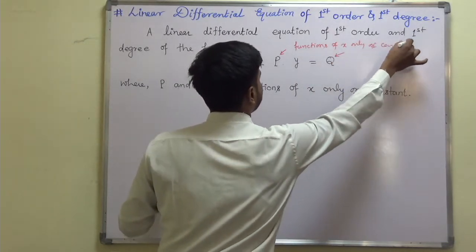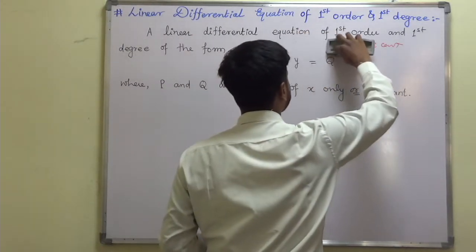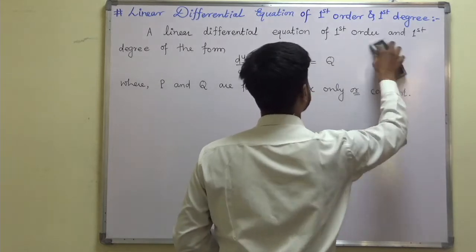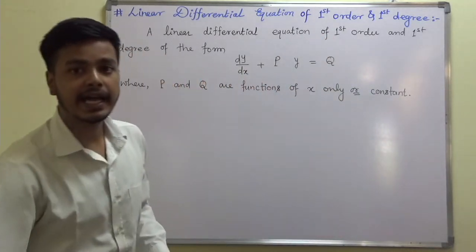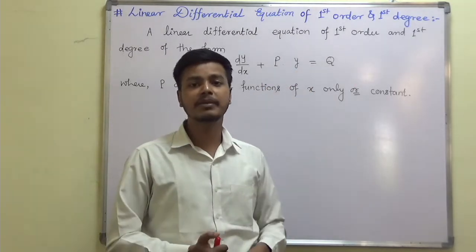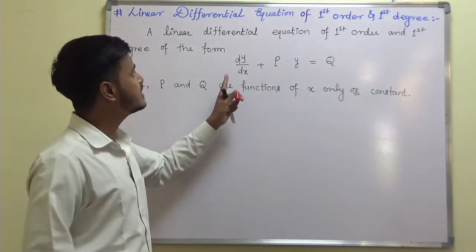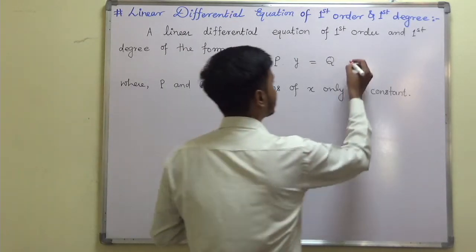It is already written, so no need to write it down. These are functions of x, and sometimes in place of P and Q there would be some numbers or some constants. Now this is the linear differential equation of type 1.